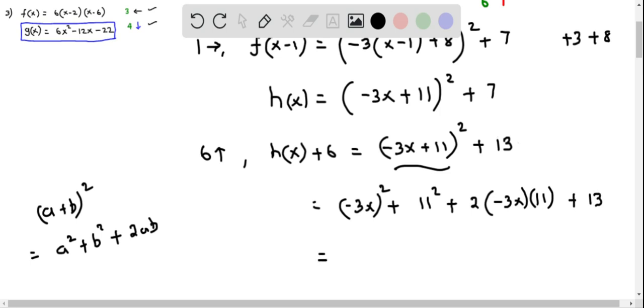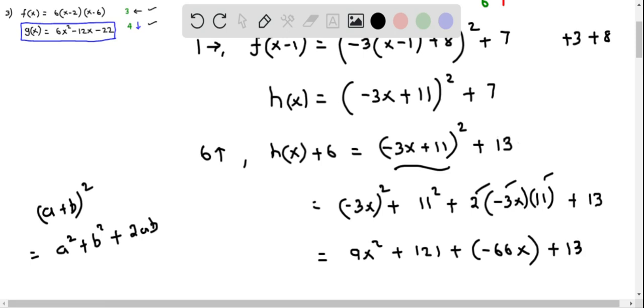And so this equals negative 3x quantity squared is 9x squared. This will be 121. And this will be 2 times negative 3 is negative 6. Negative 6 times 11 is negative 66x plus 13.